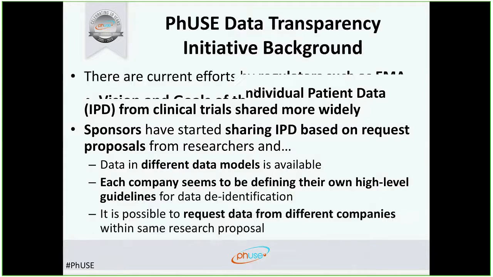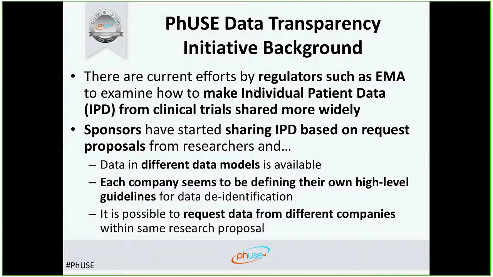So it was back in 2014. We could see that especially the EMA was putting quite a lot of effort into seeing how individual patient data from clinical trials could be shared more widely. And this is before Policy 70 was split between phase 1 and phase 2.